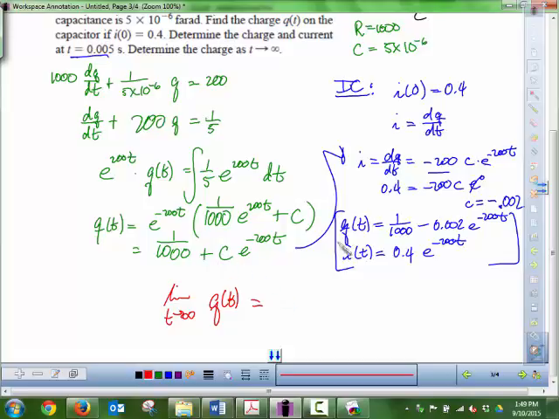And so that's going to wipe off whatever constant we had found, and so it just becomes that constant. What's this thing called? Transient term. When you take the limit as something goes off to infinity and that term disappears, that's a transient term. All right. I didn't quite answer the 0.005, but you guys can plug that in and figure it out.